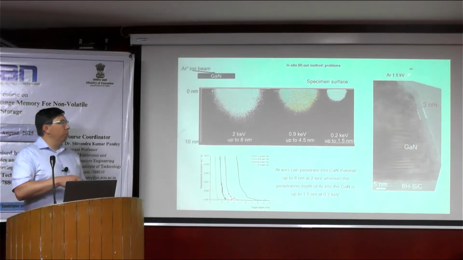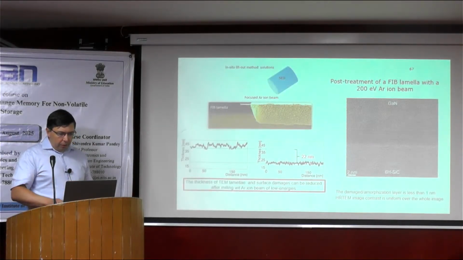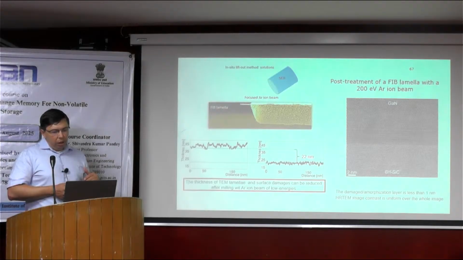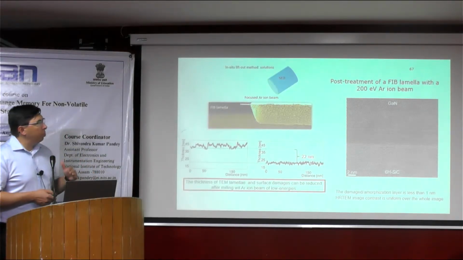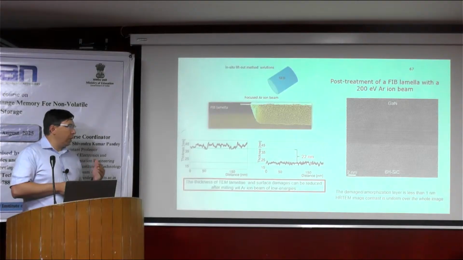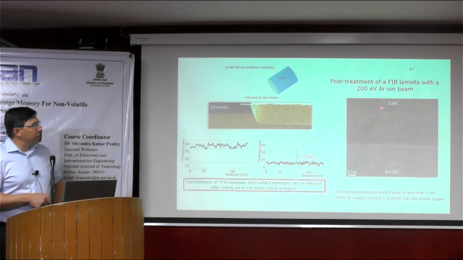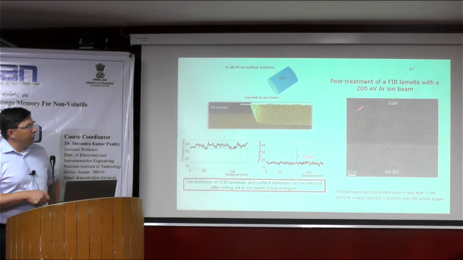It was an argon ion beam with 1.6 kilo electron volt, and if we further reduce the argon ion beam energy to 200 electron volt, we can get even better results, with samples with very little amorphous layer.